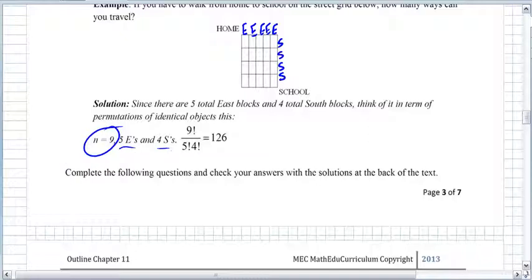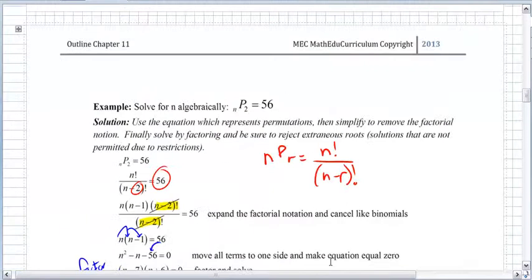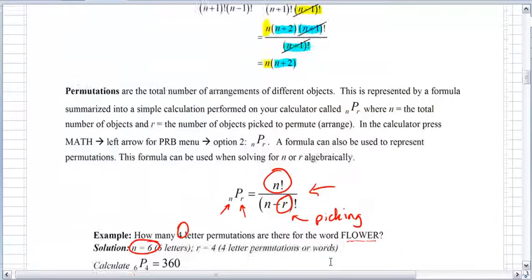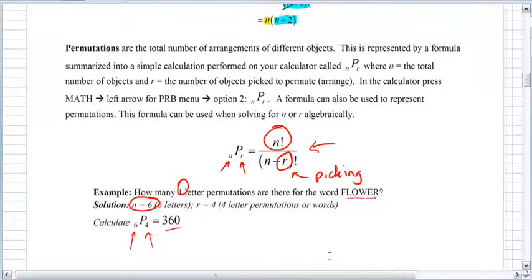So here, you take the total number of n and divide it by each repeating object, however many times it repeats, factorial. If you look at this example of pathways from home to school, you can look at it in terms of directions. There's a total number of 5 easts and 4 souths, which makes n equal 9, the total number of directions in total, 5 easts and 4 souths.